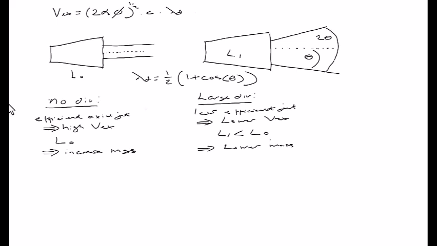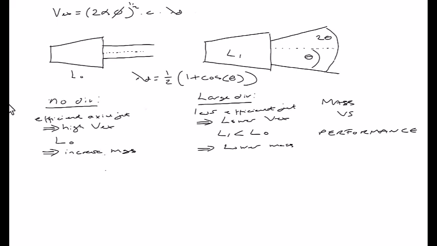So as you can see, we're talking here about a trade between mass versus performance. Do you want high efficiency for high exhaust velocity, which means very low divergence, but it also means increased mass on the system?